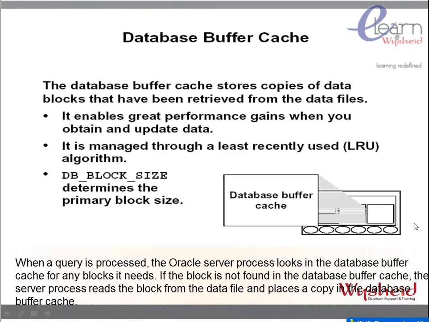Now comes the most important area, which directly affects the performance of your system. That is the database buffer cache, because it is the area where the data is getting modified.